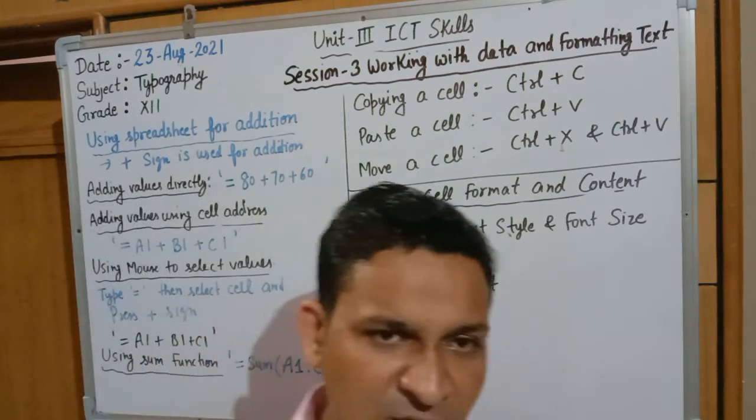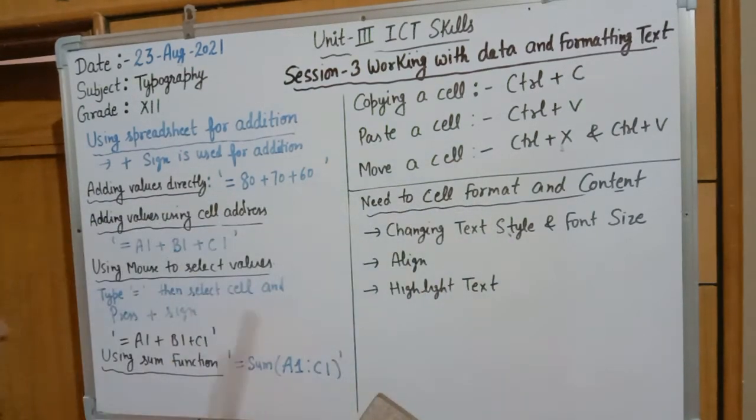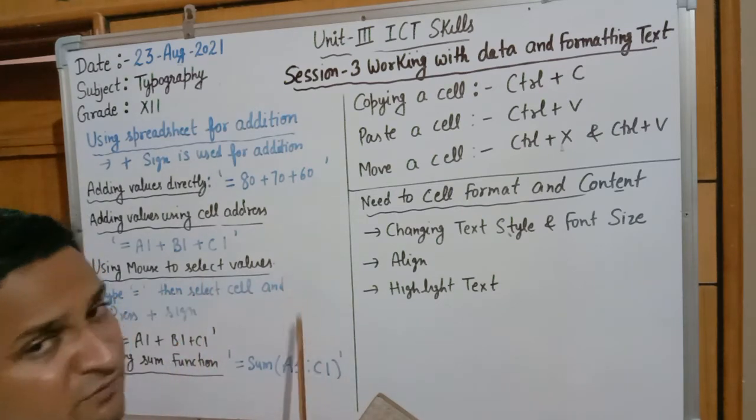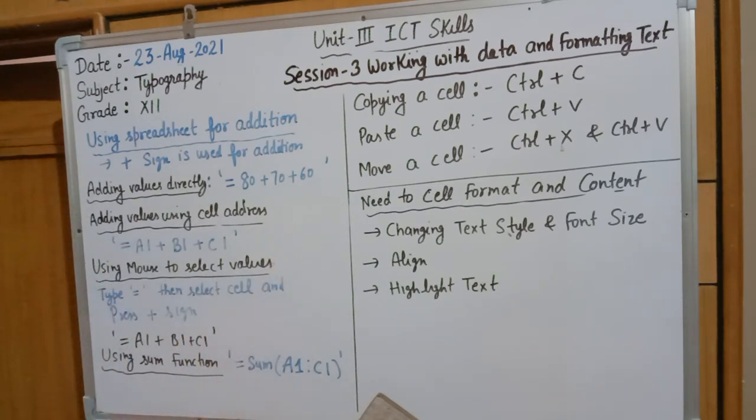Just type the equal sign first, then select the cell, then press the plus sign, then the second cell, then plus sign, then the third cell, then close the quote and press enter. The same value will be displayed, that is 210.